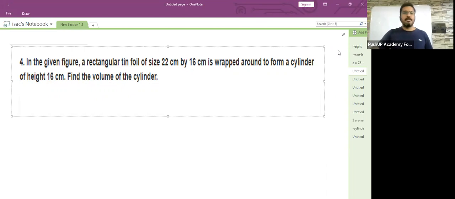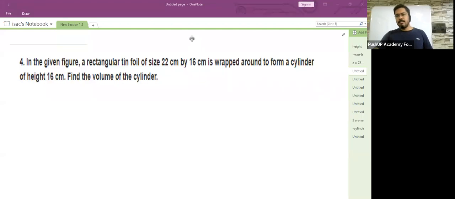How many of you could solve this online? Harani, Anika, Hussein, Rian, keep the camera on. Yes, sir, 160. Very good, Maria.